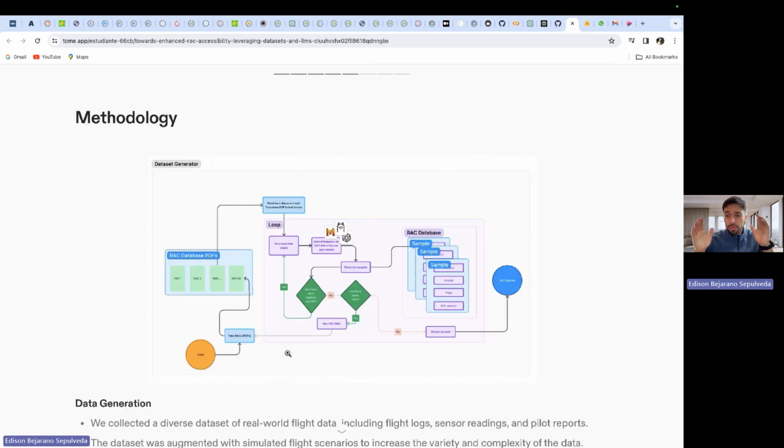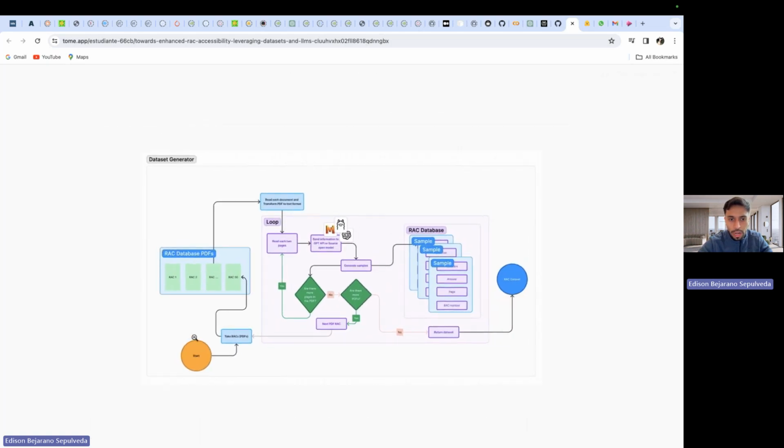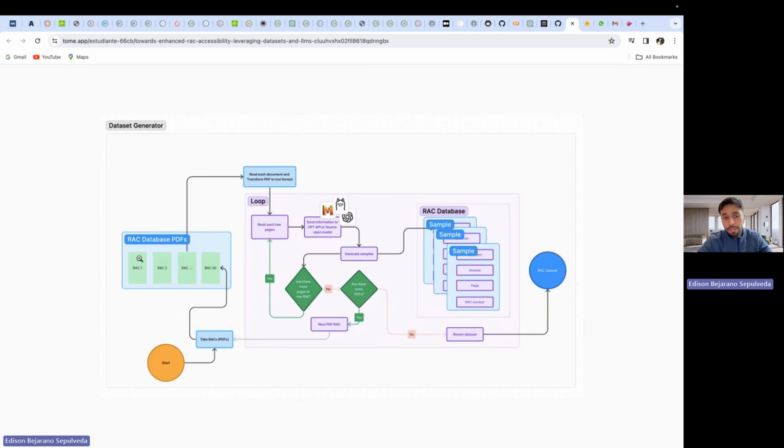So we have a methodology divided into four phases. The first one is the dataset generation. We have a database with all the RAC PDFs.